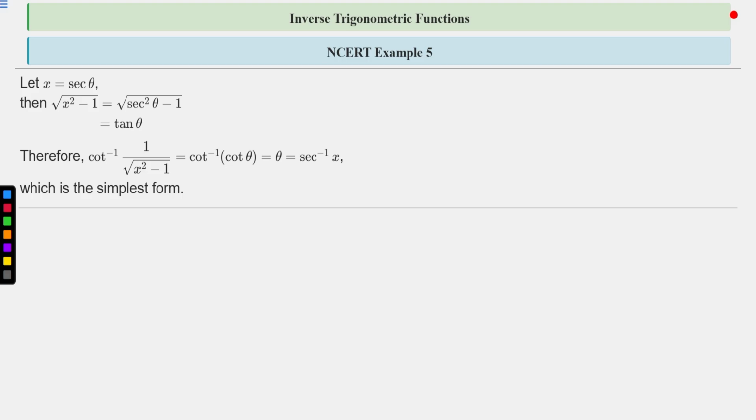Now, if you have any other doubt, you can ask now. Yes, you can use other substitutions, but the expression should come out in the simplest form, right? You cannot use something like x is equal to cos theta, right? Clear? If you take x equal to cos theta, then it will not be simplified, right?